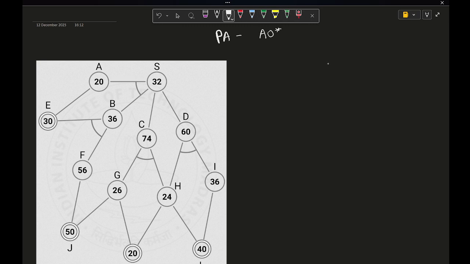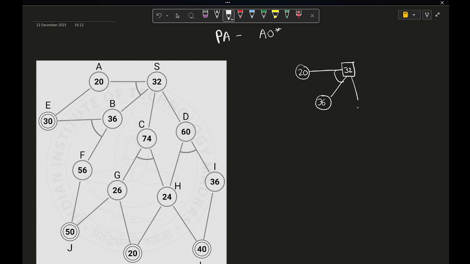Okay. So I think a better idea would be to draw the graph by hand, like I did previously, because that's how we were able to solve it. So this is 32. So this 32 becomes expanded in this way, that a 20 is here, 36 is here, and these are AND.